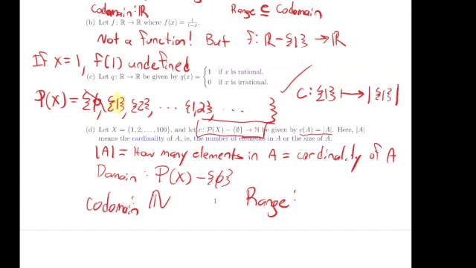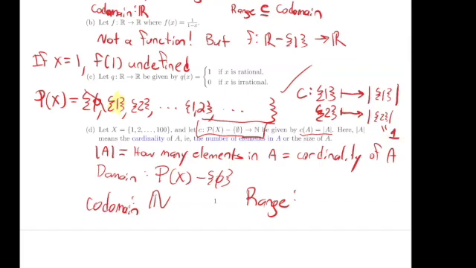What would the cardinality of the set that contains 1 be? 1, right? There's 1 element in the set. And it does the same for other things. It would take the set containing 2 and map it also to 1.